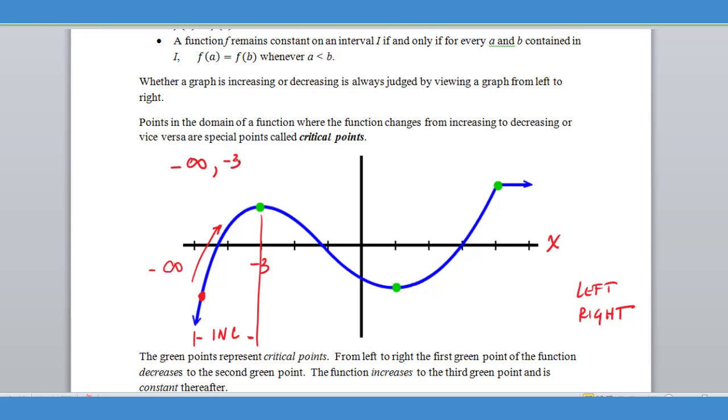Now the bracketing for this is extremely important. An open parenthesis means not including the value, and so we can never include an infinity value. But here, the green point is at -3, but we told you that at that point it's constant, it's no longer increasing. So we would use an open parenthesis to not include the -3 as well.